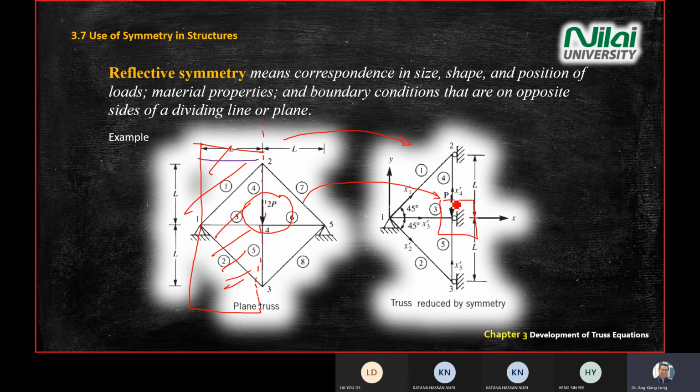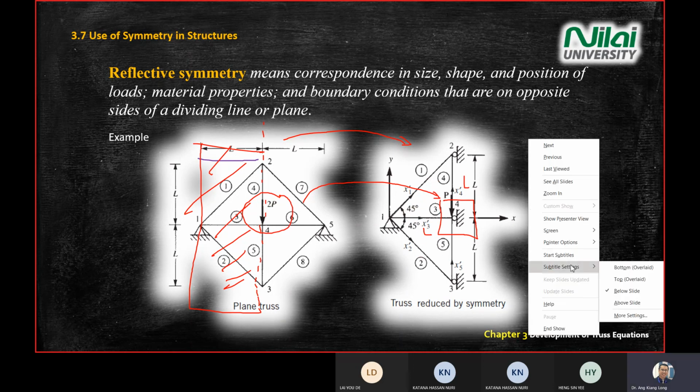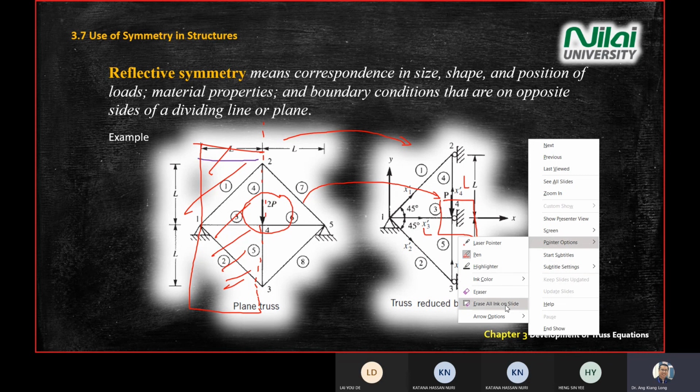You will only move along the vertical axis here. And then the rest will be the same, because how do we know it's 45? We know that it's 45 when we have the same length. In this case, you have the L on both sides. So when you have the same length in trigonometry, you will get 45 degrees. This is how you solve for a symmetric object.